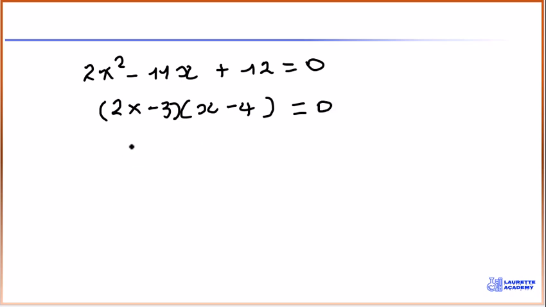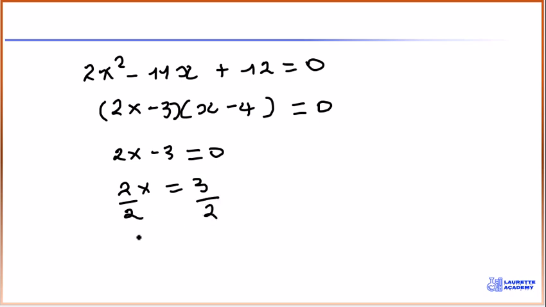So to get the roots of this equation, that's the value of x, we equate each of these factors individually to 0. So we'll have that 2x minus 3 equals 0. We add 3 on both sides. This will give us 2x equals 3. We divide all through by 2.